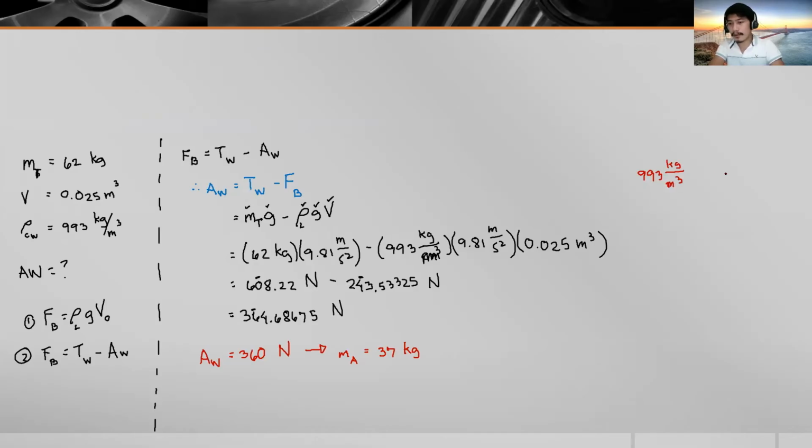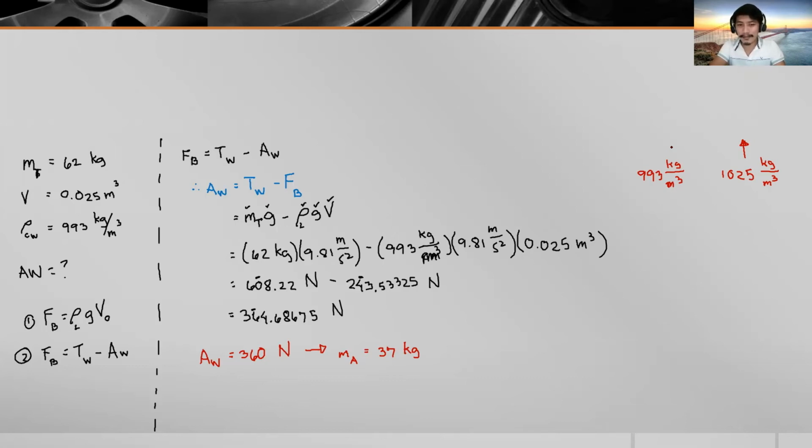This is sa chlorine water sa swimming pool. Sa seawater is 1,025 kilograms per cubic meter. So saan sa kanila yung mas mataas yung buoyant force, yung upward force? Mas mataas yung upward force sa seawater kaysa sa chlorine water. That is why, as I've told you before, mas madaling lumangoy sa seawater kaysa sa swimming pool. Kasi mas mataas yung buoyant force ng seawater.